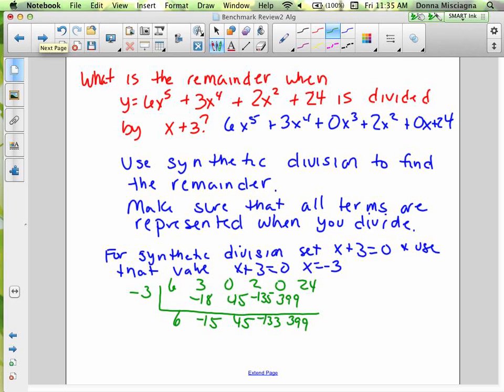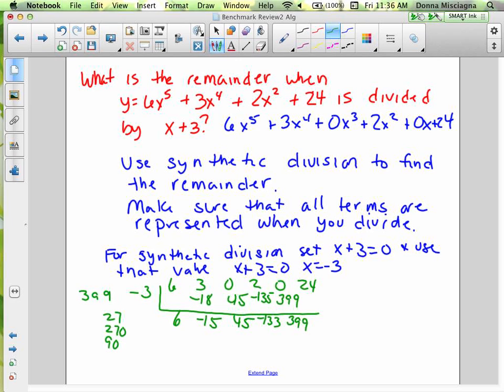I made up a great equation, didn't I? 399 times 3. All right, well, you'll be dealing probably with smaller ones than this. And it's going to be times negative 3. So that's going to be 27, and it's all going to be negative, and then 270. And then I multiply 9 times 3, 90 times 3, and then 300 times 3.